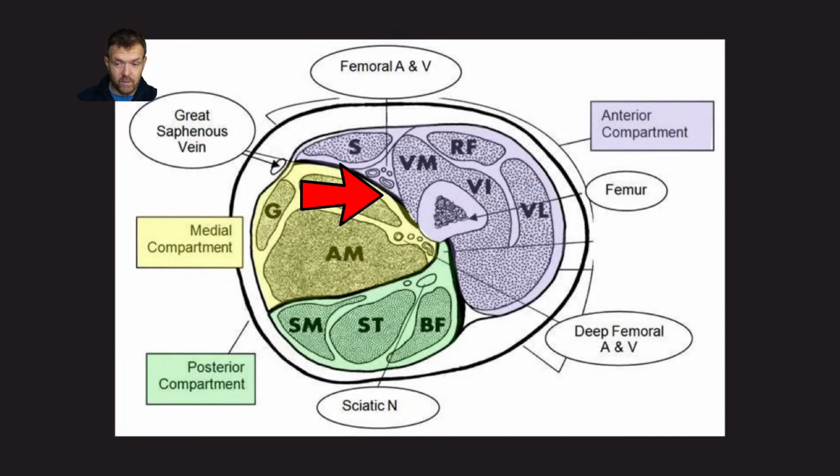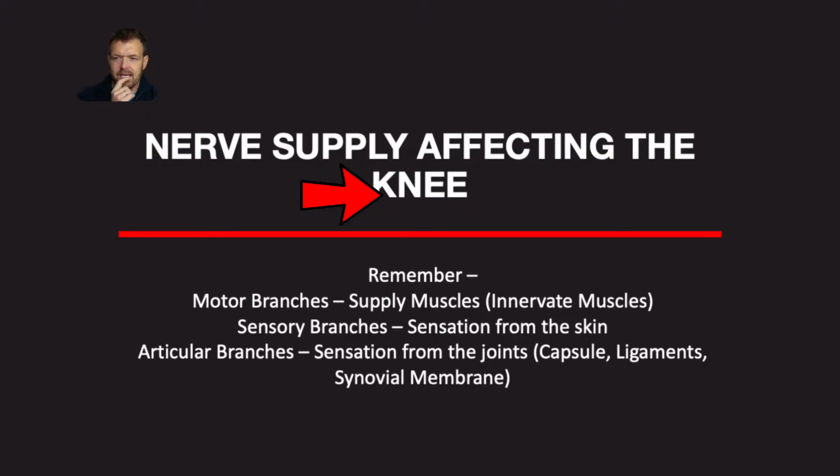So, a very quick whistle stop tour through the nerves. And again, if you have any questions from last week, then please fire away. So we have the different nerves affecting the knee, and sometimes I think we get a bit confused with what's what. And well, I certainly did when I started learning.